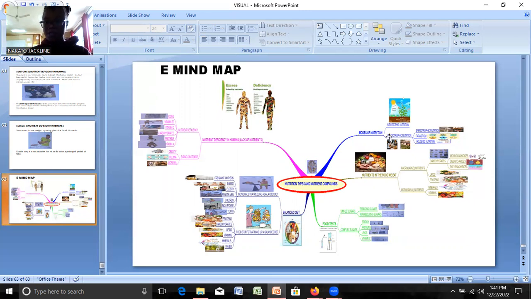Then you have the nutrients in the food we eat, that is our second subtopic, with their respective visuals. Then we have the food tests, we have the balanced diet, and then we have the nutrient deficiency in humans, or lack of nutrients. That's all I had for this project.